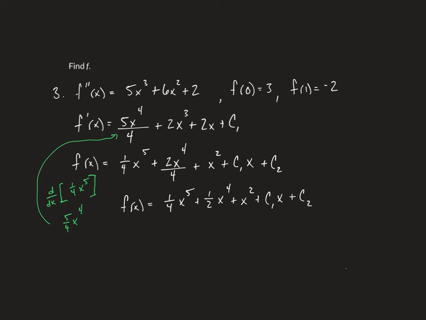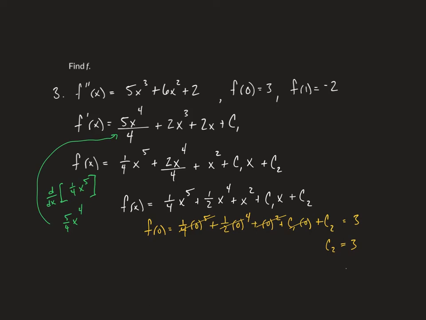So I'm going to use that first initial condition. f of 0 equals 1/4 times 0 to the 5th plus 1/2 times 0 to the 4th plus 0 squared plus the first constant times 0 plus the second constant, and that all has to equal 3. And we see these all go to 0, so the second constant has to be 3.